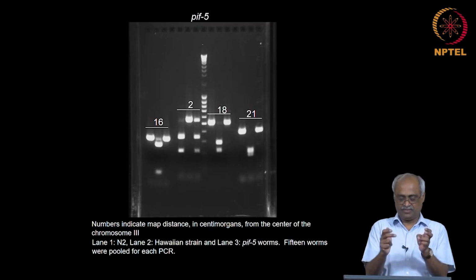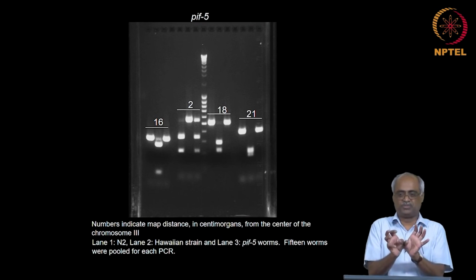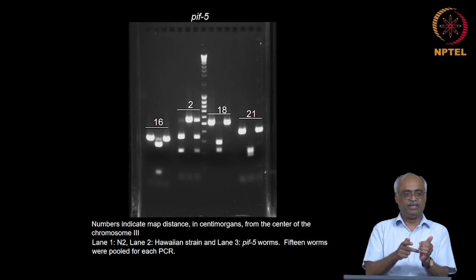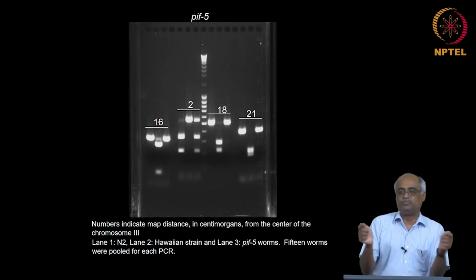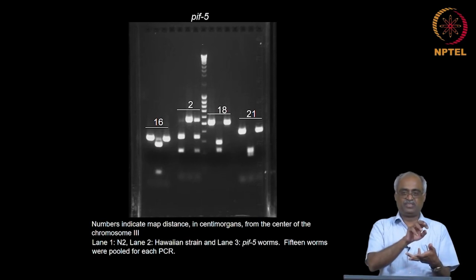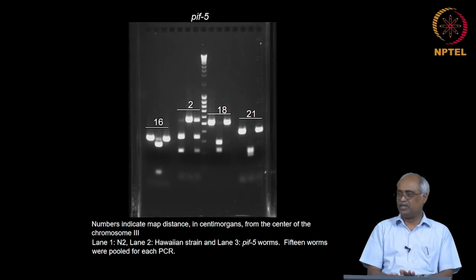Let us say I will amplify a 500 base pair product using the 2 primers, and in between there at some point I have a base where it varies between N2 and Hawaiian. Now, let us say that variation affected a particular restriction site. Now, this PCR product after amplifying, if I digest with the enzyme, the one where the SNP does not affect the restriction site will get cut into 2 pieces, and the one where it affects will not be cut. So, that is what we are doing here.